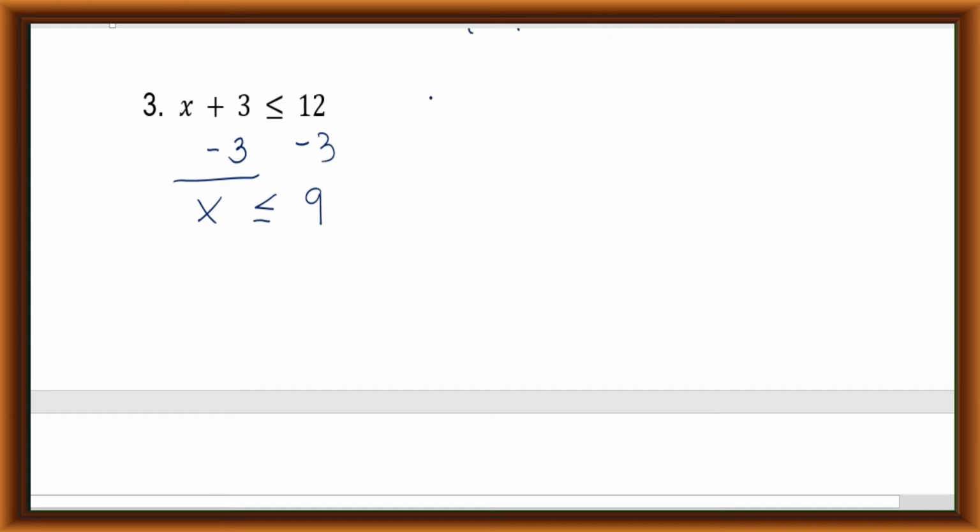On our number line, less than or equal to means we may include 9. So let's have 7, 8, and 9. Therefore, we can include 9. Shade this part and move to the left side.